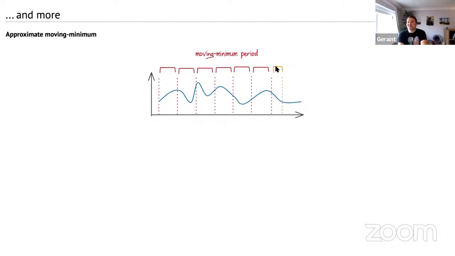You keep updating a smaller one at the front that keeps growing, but for the other chunks that you've previously calculated, you already know the minimum, and you just store it.